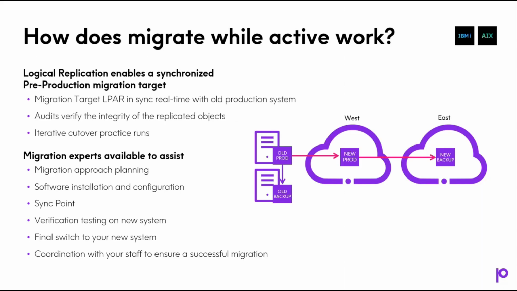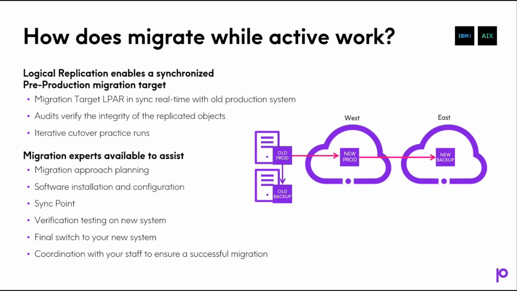How does it work? Logical replication, if you're using Quick EDD or ITERA or Mimics, enables a synchronized pre-production migration target. So you have a target system that is at the ready, it's in sync, right? And our audits will verify the integrity of the target system so that you know you're in sync.